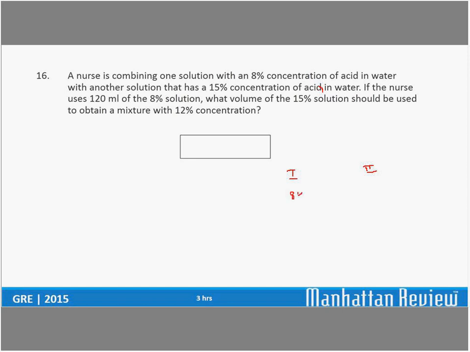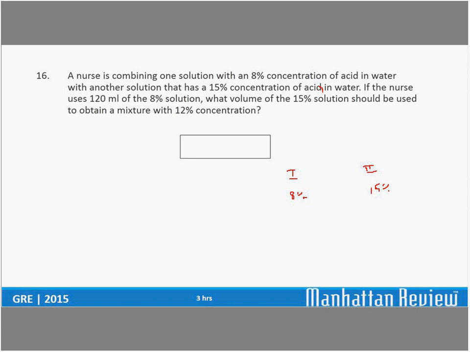This has 8% acid and 15% acid. What are those individual volumes? We don't know, but whatever the volume, 8% is acid means the remaining percentage is water. So it is a diluted acid actually, both types.